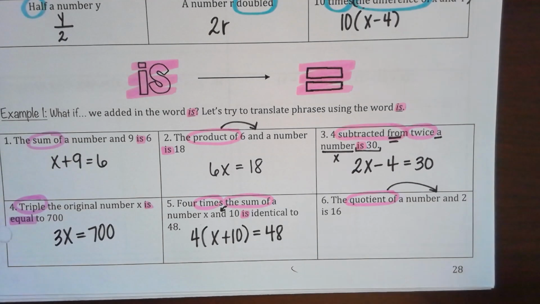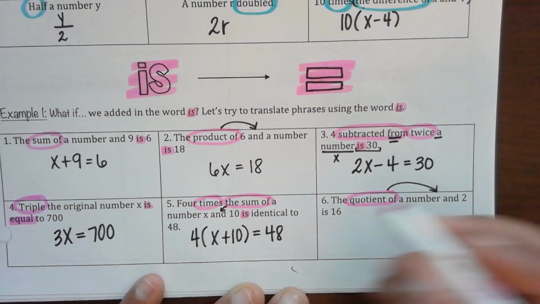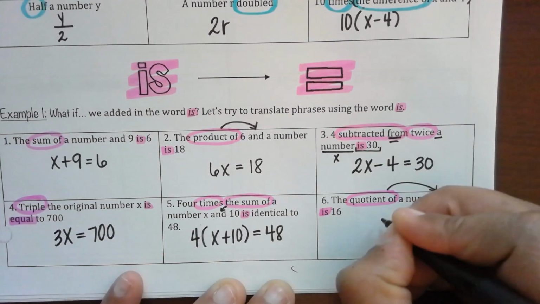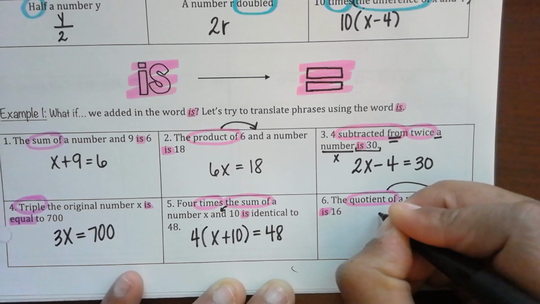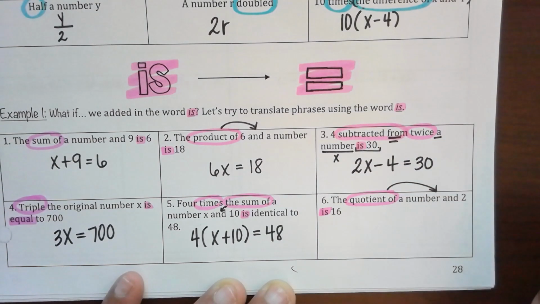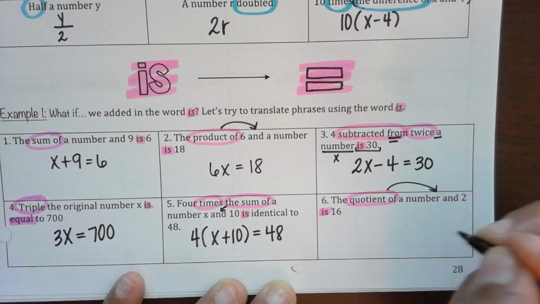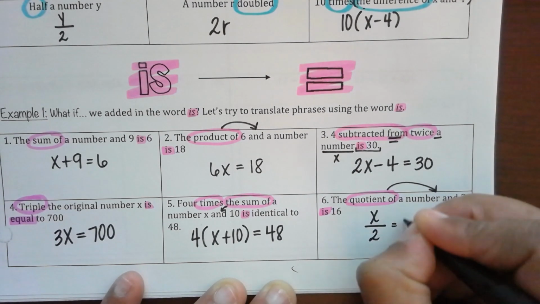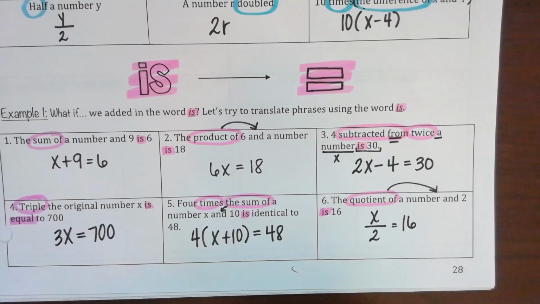So, what's the other operational phrase? Is. So how would I write this? What was it? What would come first? Not quite. X. Because it says the quotient of a number and 2, which means there's no from, there's no than, so we don't flip-flop it. You write it exactly as it's written. Any questions there?